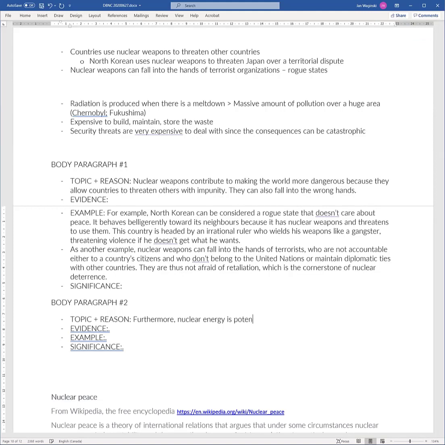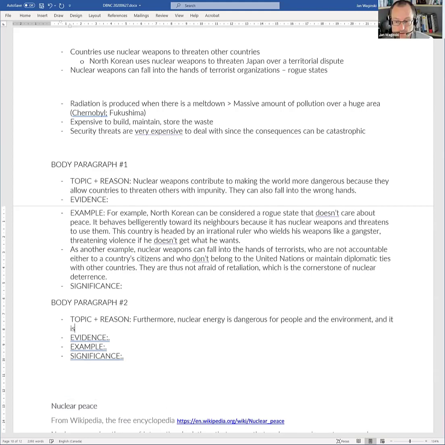Is it dangerous? Dangerous for people. And it is astronomically expensive. We can use that word here. My favorite word from now on.